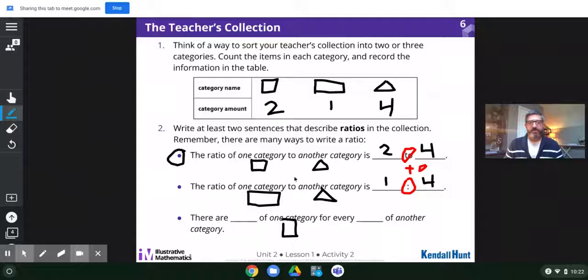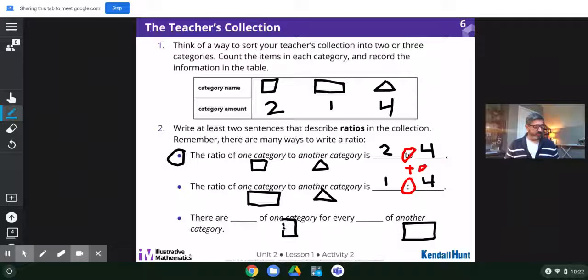If we were to use the same shapes in each category the same way, they're just 3 different ways to talk about ratios. Let's use rectangle for our second category. Now you'll notice this sentence is written a little differently than the other two, but it's still the same concept. So in this case, there are blank number of squares for every blank number of rectangles.